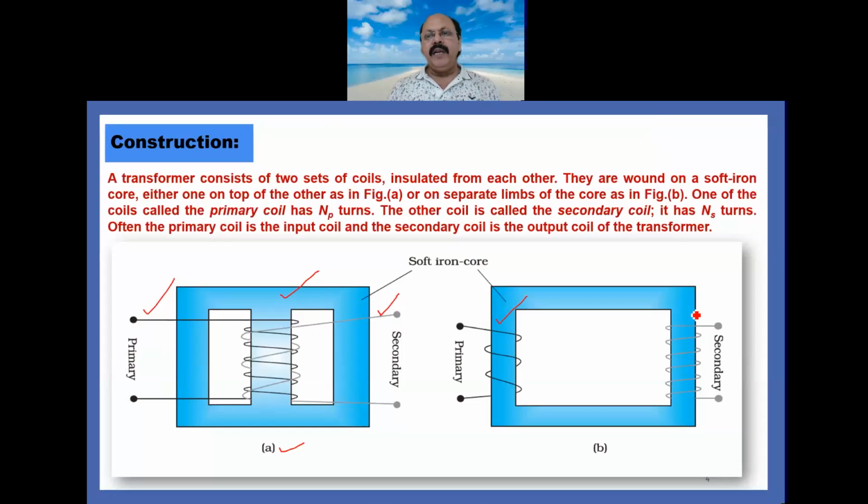These are the two separate limbs, and this is the primary coil wound here, and the secondary coil is wound here.